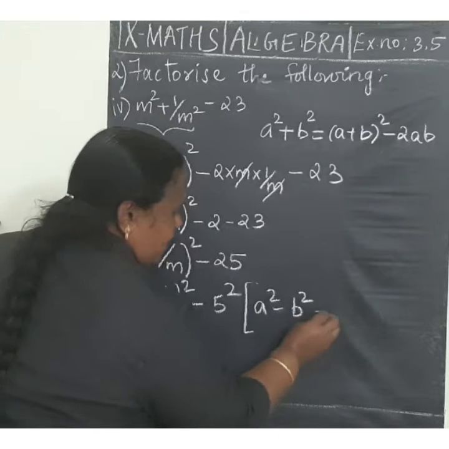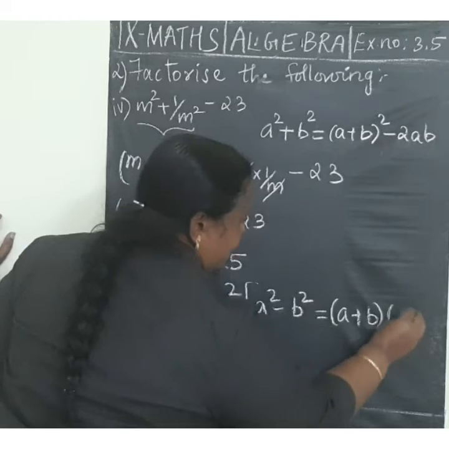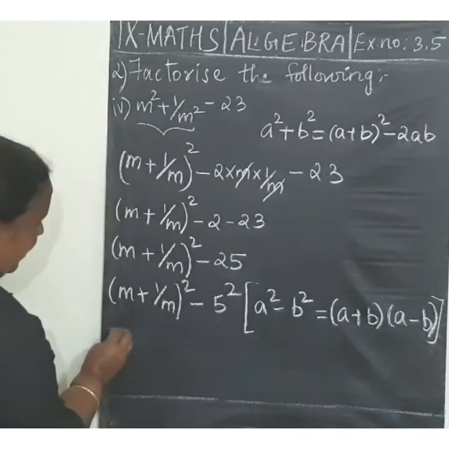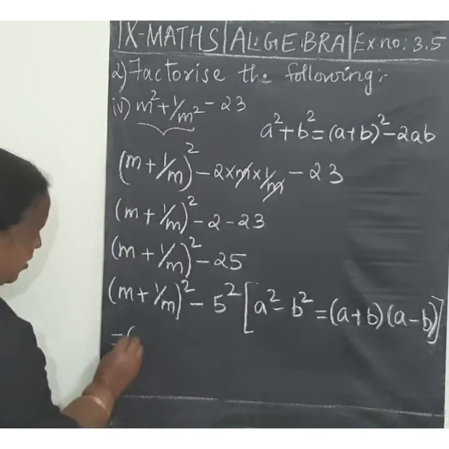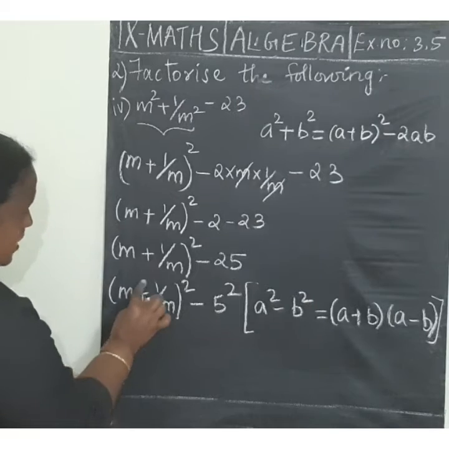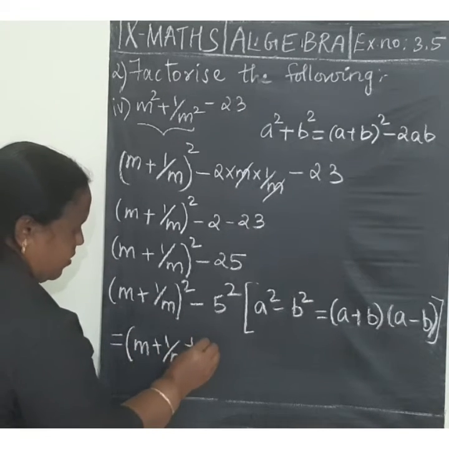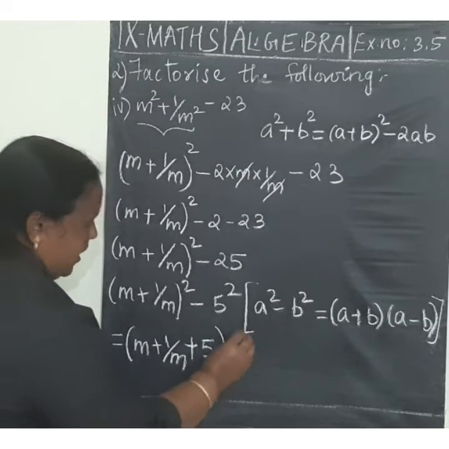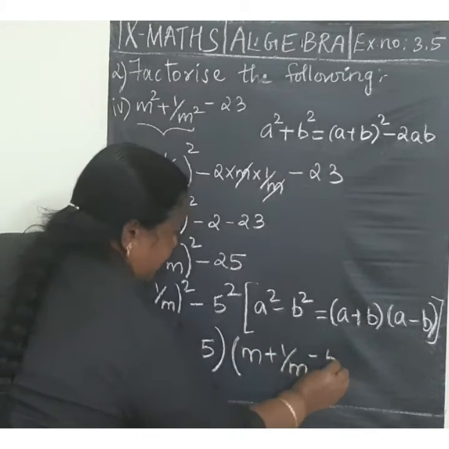So this a square minus b square is equal to, by identity, a plus b into a minus b. So next we have to write a plus b into a minus b. Our a is m plus 1 by m, plus b. So b is 5. Here m plus 1 by m plus 5 into m plus 1 by m minus 5.